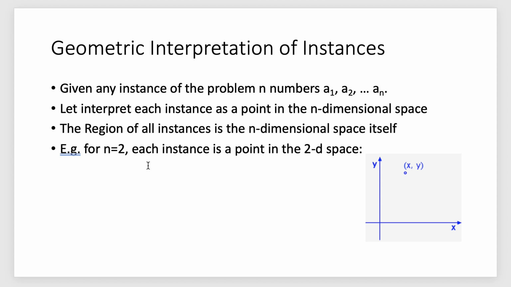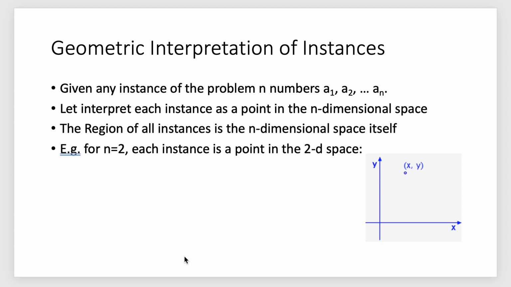Let's take an example for n equal to 2. Each instance is a point in the 2D space. So here a1 is x, a2 is y, this is the point, and any instance of the problem will go in this plane.